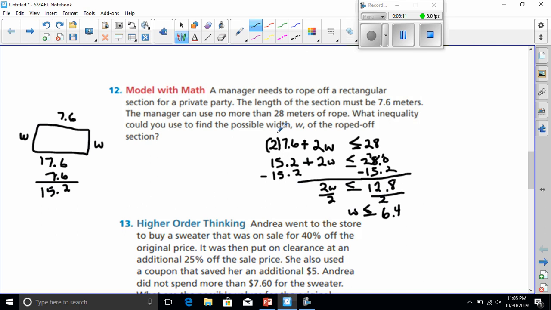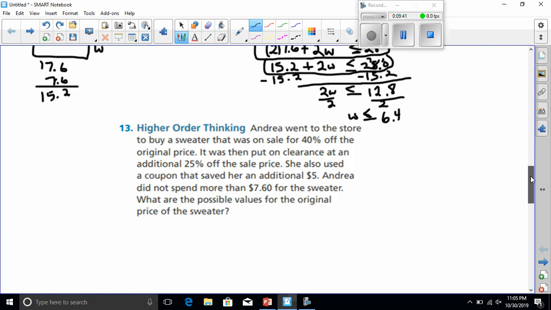So in actuality, my answer lied right here. I could have even used this one after I multiplied 2 and 7.6 as an answer, and it would have been just fine. But I took it a step further because I was curious to find out what W was, and W does equal 6.4.